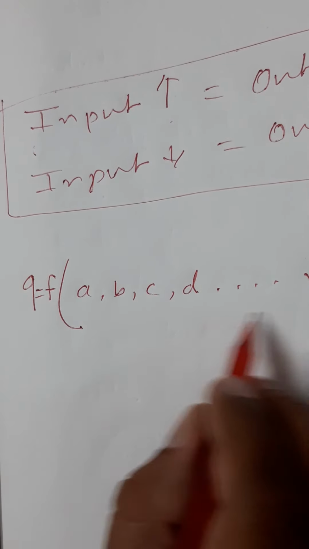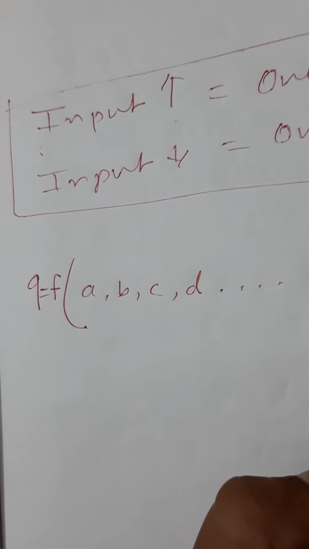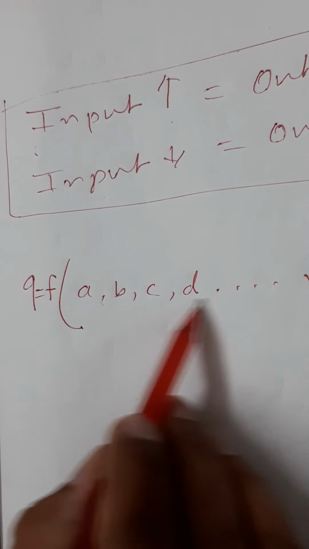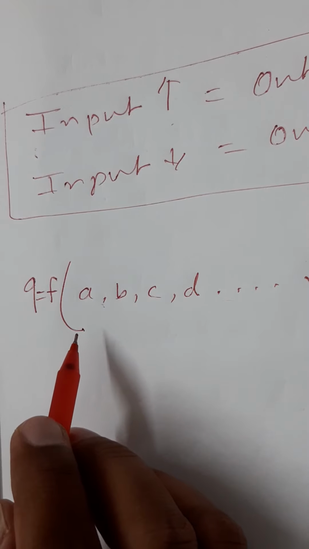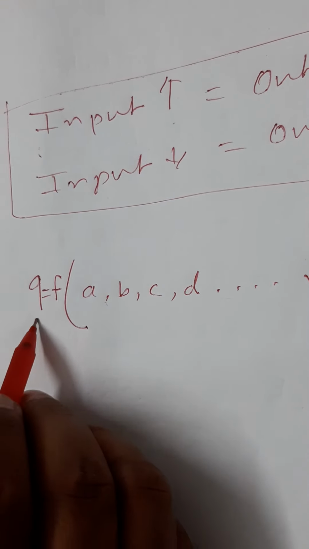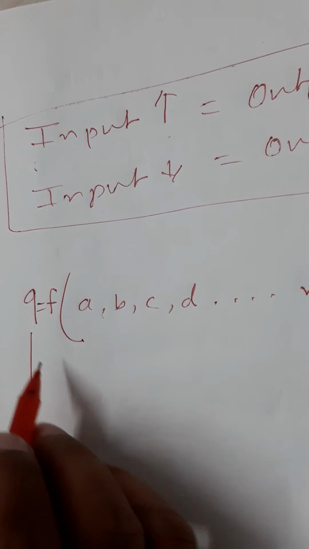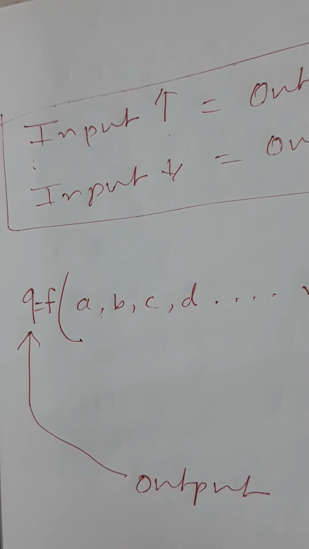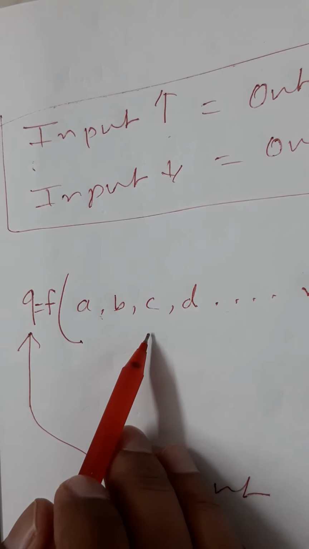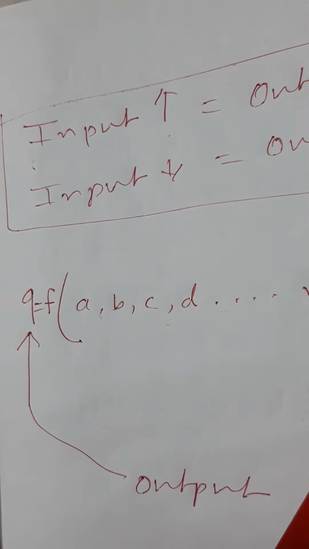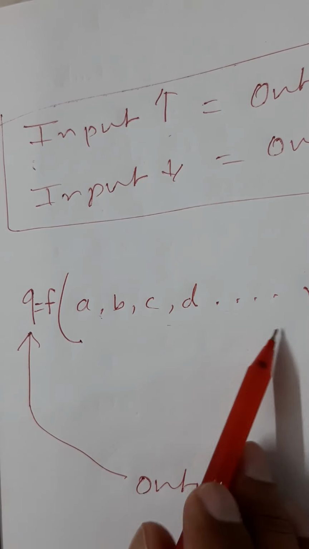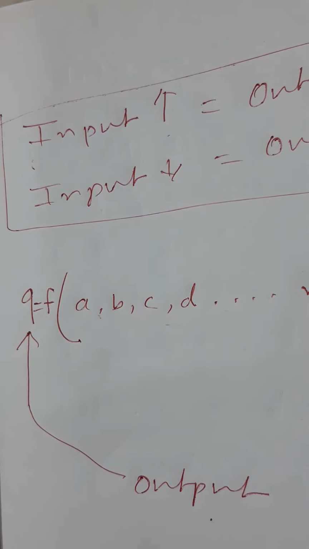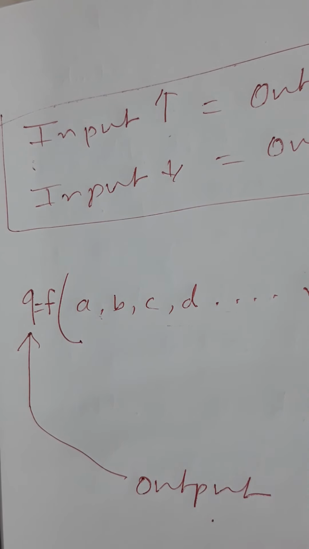This is input, and Q is output. Suppose you put in input, then you will get output. The more input you put into the business, if you increase input, then you will get more output. This is the production function. Clear?